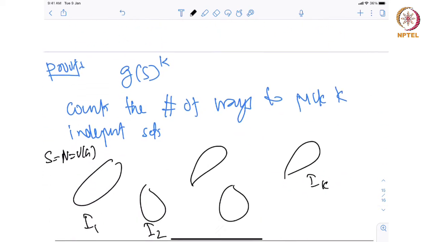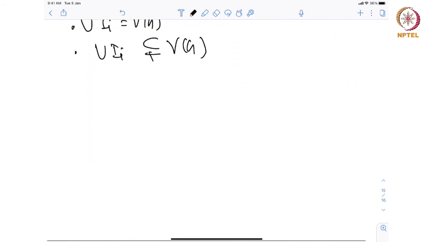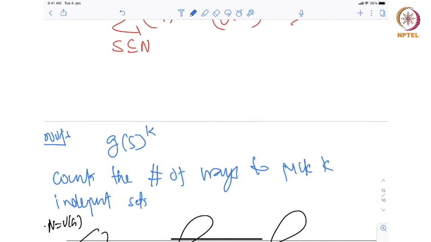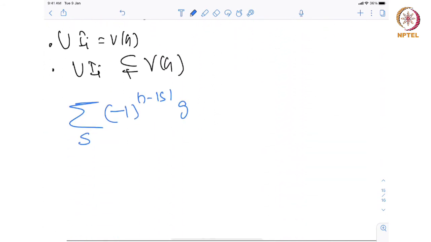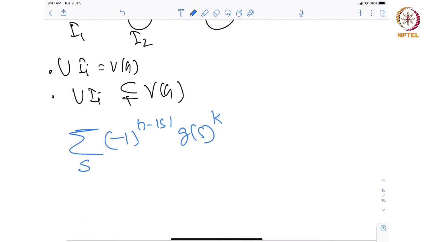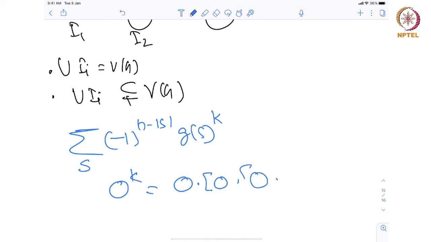Okay. So now let's try to express the left hand side slightly differently. So what is this? Summation of (-1) to the power n minus cardinality of S, G of S to the power k. What is G of S to the power k? It is some number, right? Some number to the power k is nothing but some number times some number times some number, and that number is nothing but a summation of 1 plus 1 plus 1.